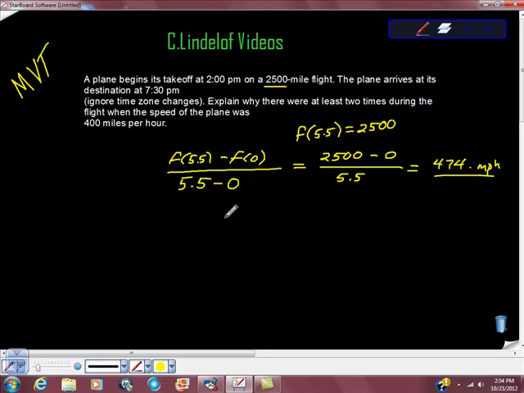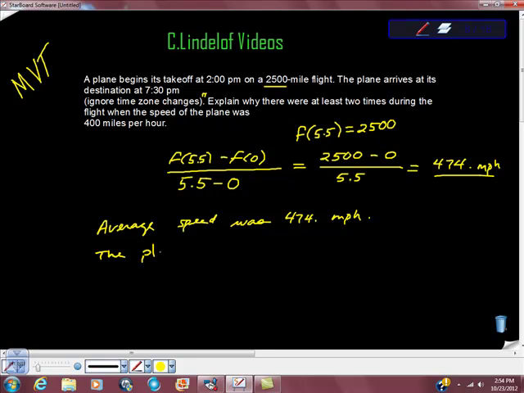So if your average speed is that, isn't it true that, so here it says explain why, so this is my explanation. Average speed was 474 miles per hour.